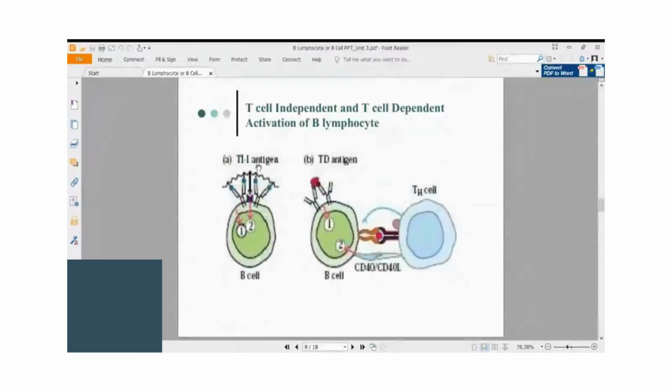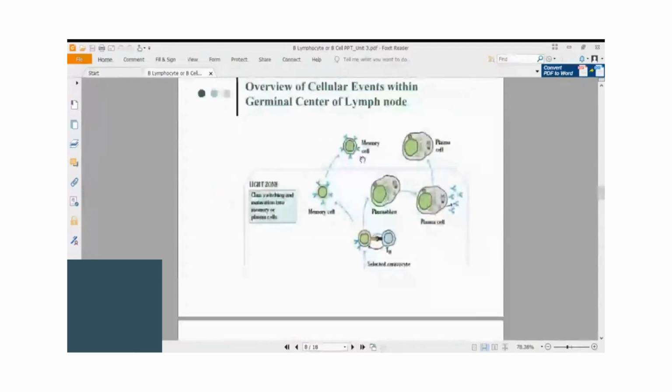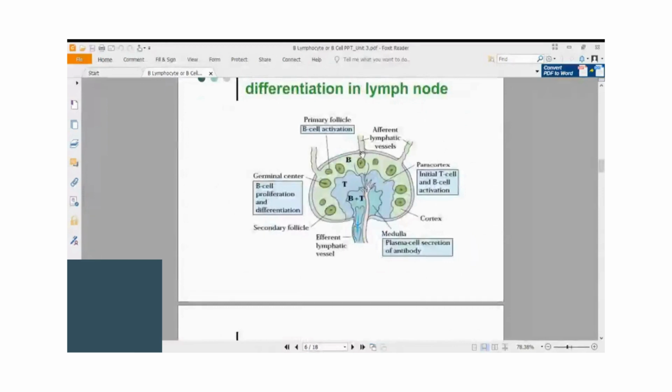Okay, the T independent B cell activation and T dependent B cell activation. Two different processes can take place depending on the type of antigen. Okay, and all that will take place in the lymph node area.